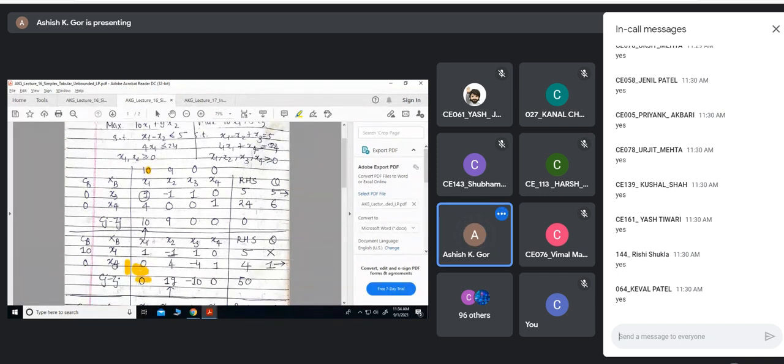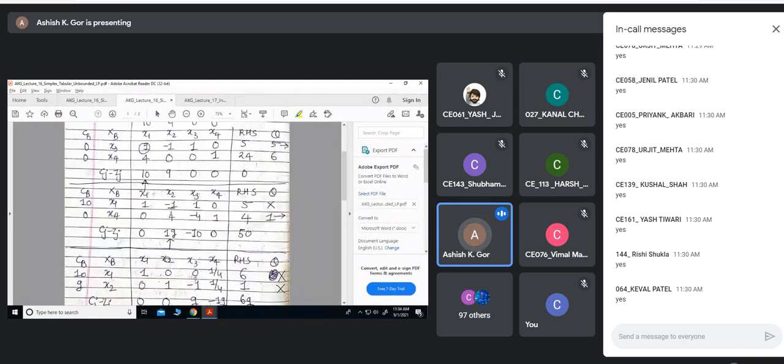Here it will be minus 10, so 9 minus minus 10, so 9 plus 10, 19. 0 minus 10, so minus 10. And 0 minus 0, so 0. So yet you can enter, right? Something is positive. So you can enter this.